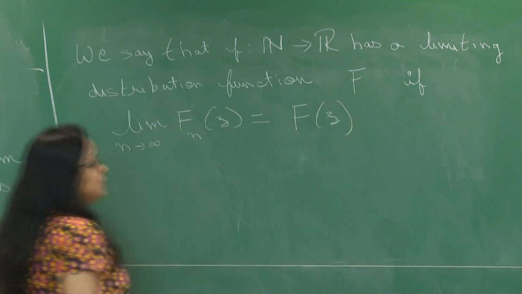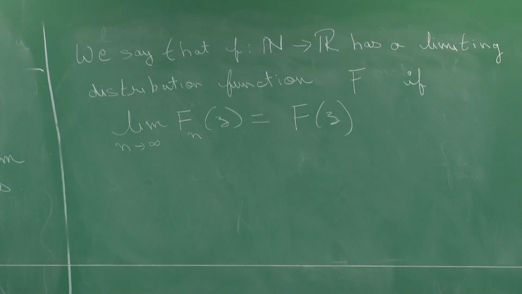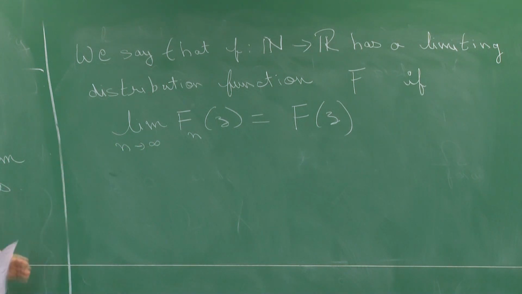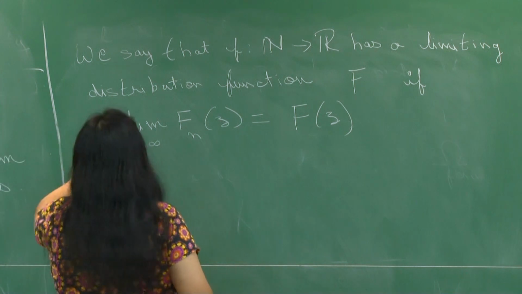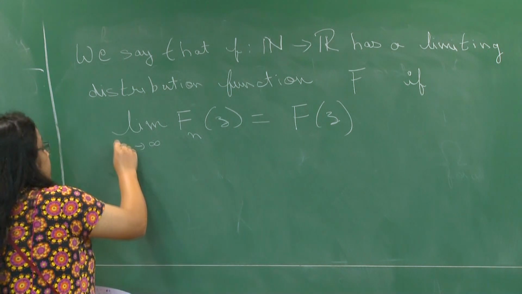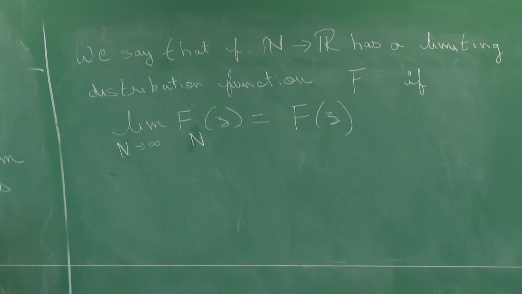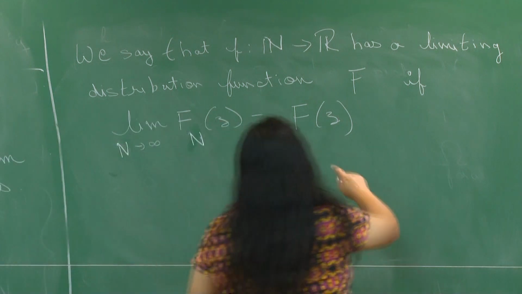So, suppose there is a function capital F such that when you take the limits of F sub N as N goes to infinity, this is exactly equal.